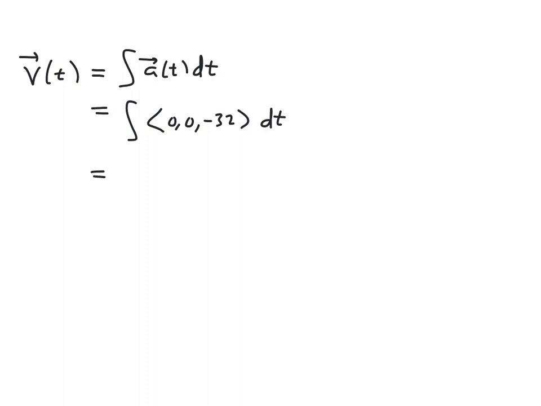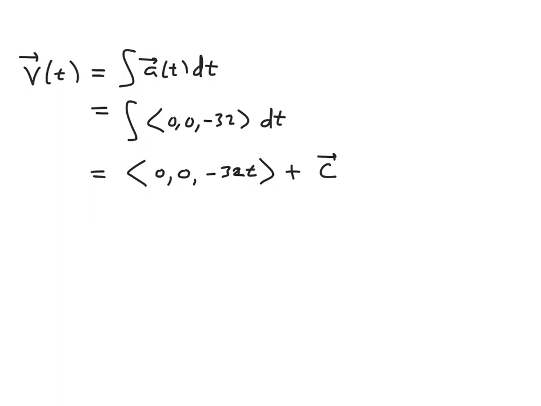To compute the indefinite integral of a vector function like this, we just compute the indefinite integral of each of the components. And so we're going to get the vector 0, 0, negative 32t plus some constant vector c.